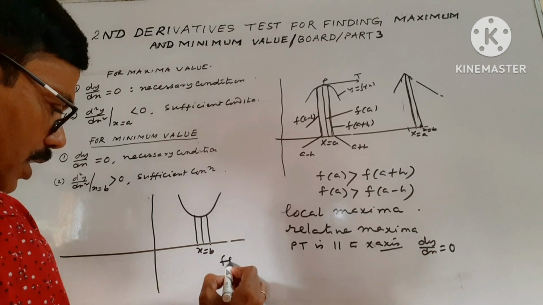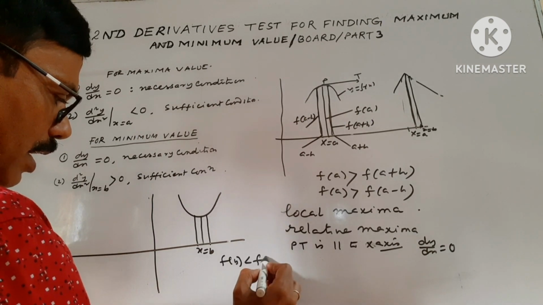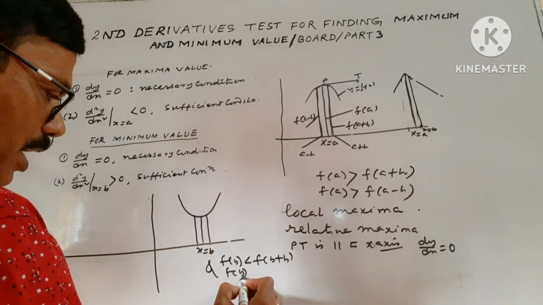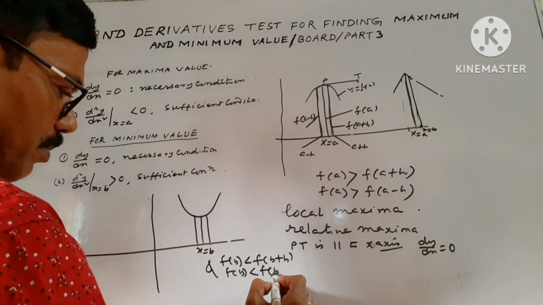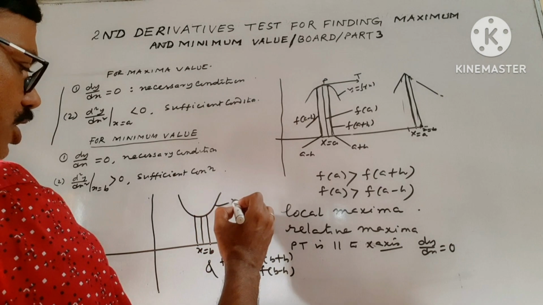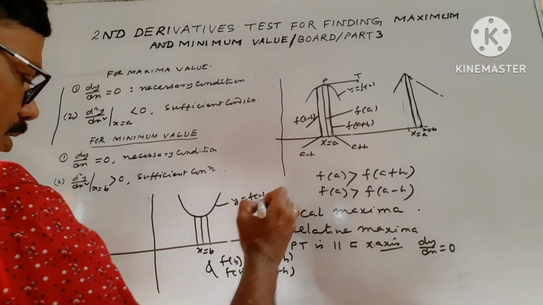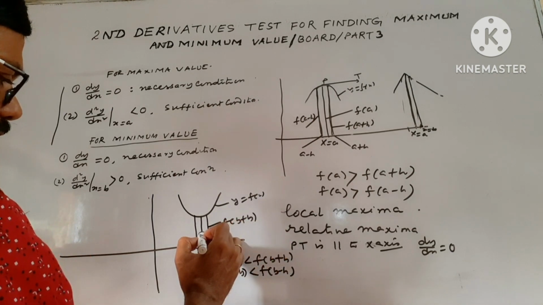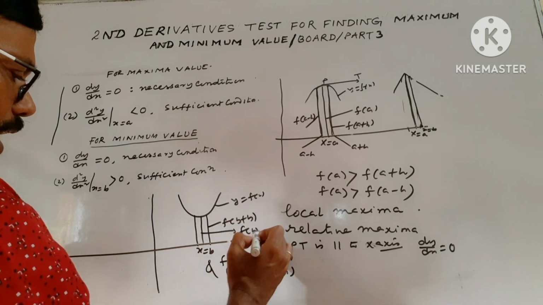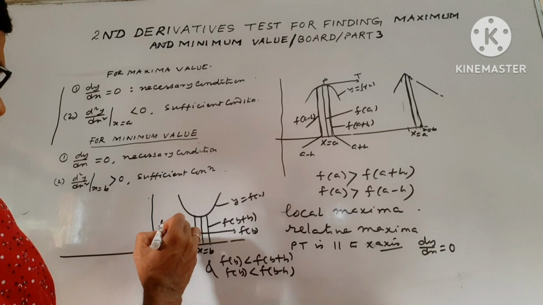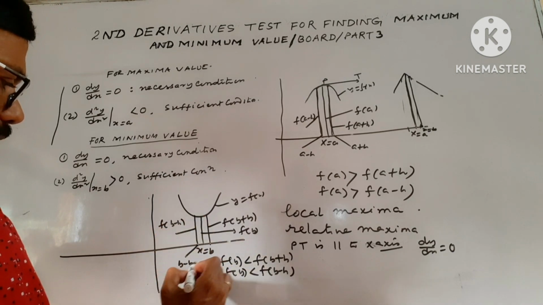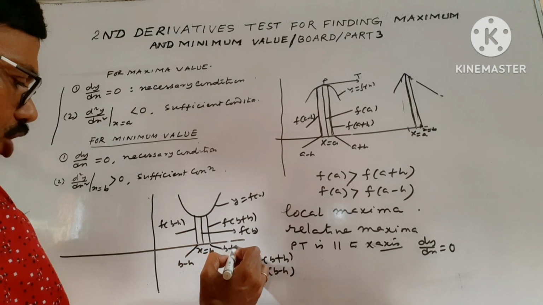So what you are getting, f(b) less than f(b plus h), and simultaneously f(b) less than f(b minus h). This is y equals to f(x). So this is f(b plus h), this is f(b), and this is f(b minus h).